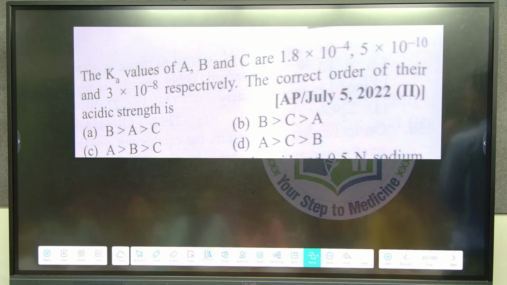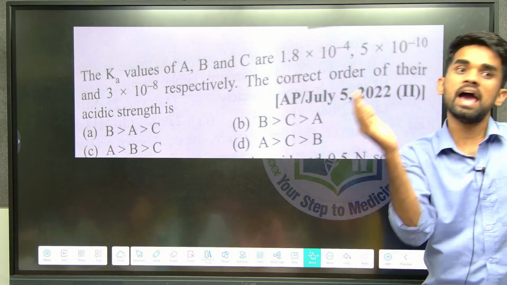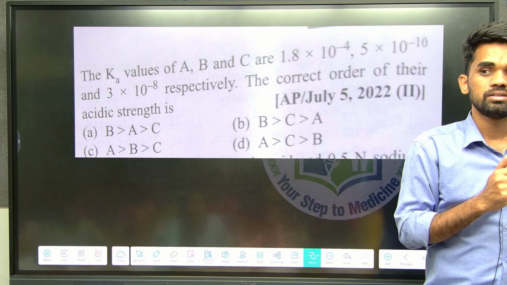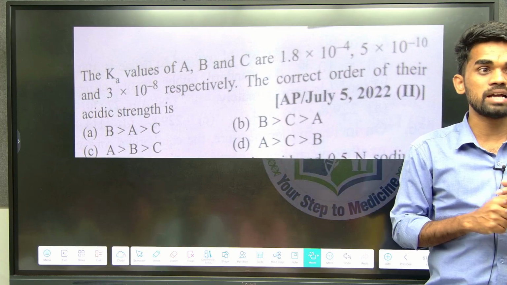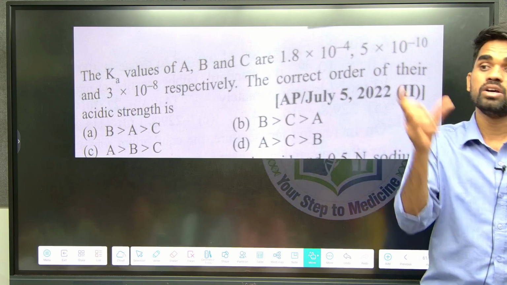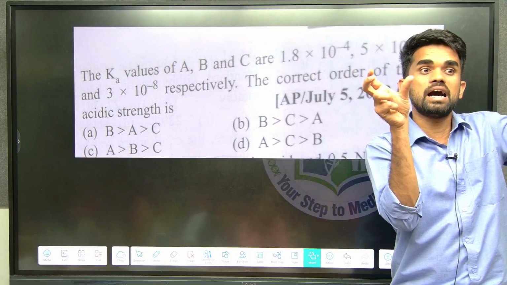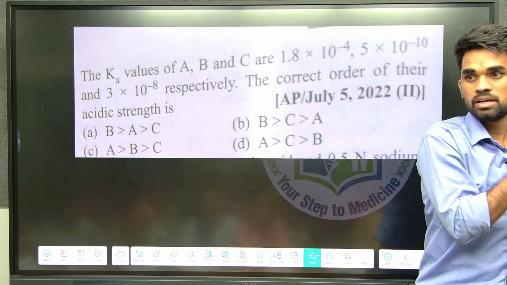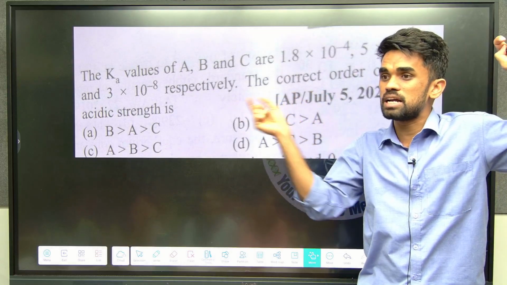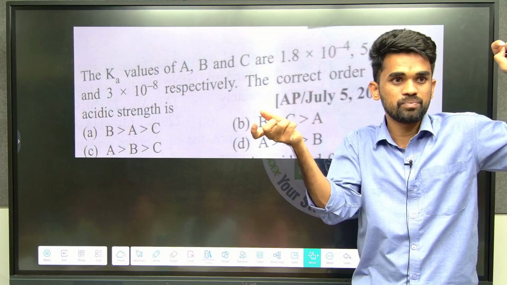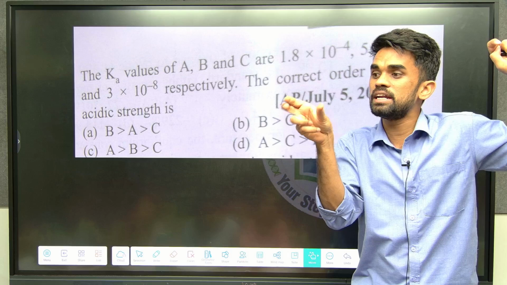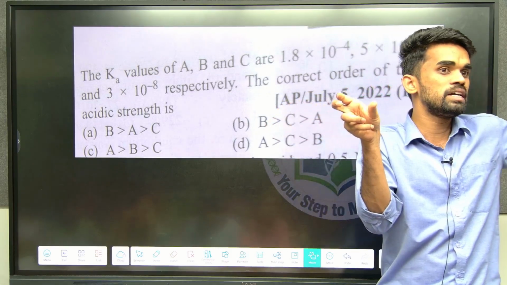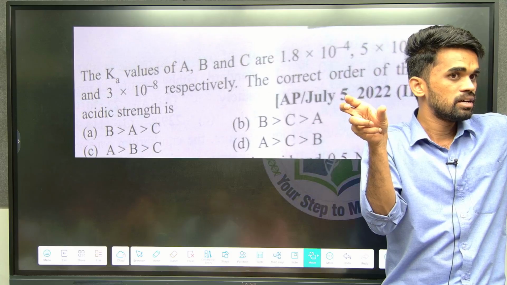So higher the acid dissociation constant means what? When we discussed the equilibrium constant, what did I say? The greater the equilibrium constant value, it means more forward reaction is taking place. Here the acid dissociation constant is nothing but the equilibrium constant only for that acid. So the higher the Ka value, I can say the more acidic it is, more forward it is moving, more H plus ions it is releasing.